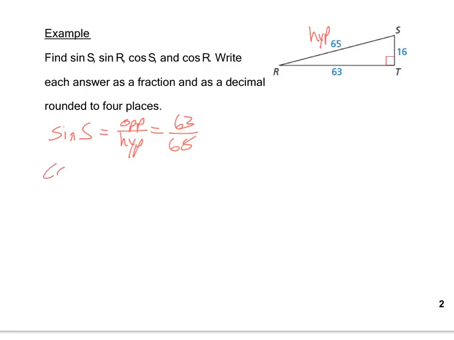But cosine of S, well, that's the adjacent leg over the hypotenuse. And so the adjacent leg to angle S, because that's the angle we're using, is 16 over 65. Now, by the way, we've got to check to see if these can be simplified. Is there any common factor for 63 and 65?